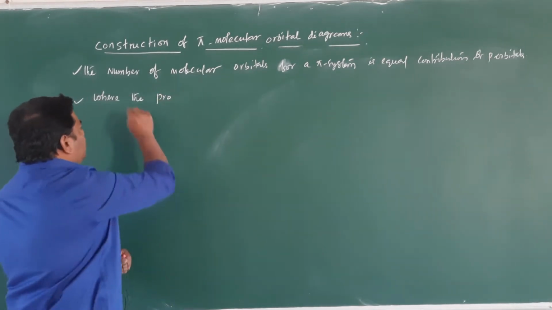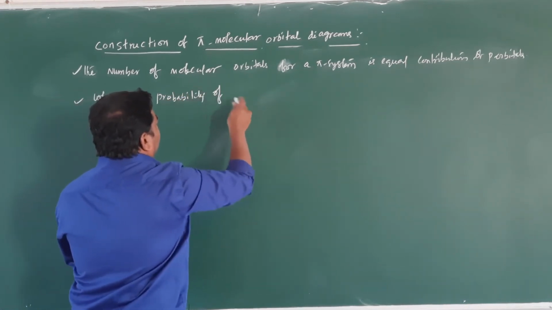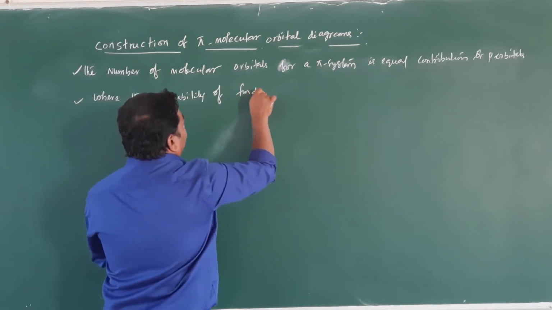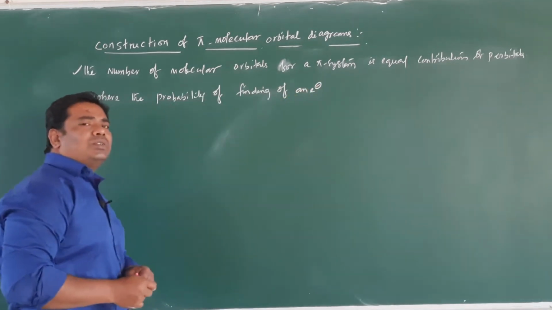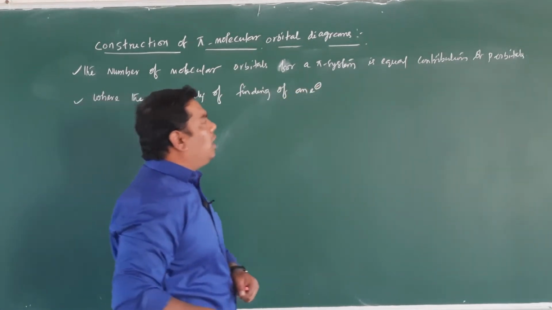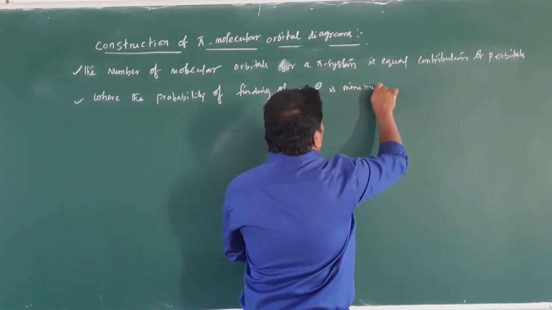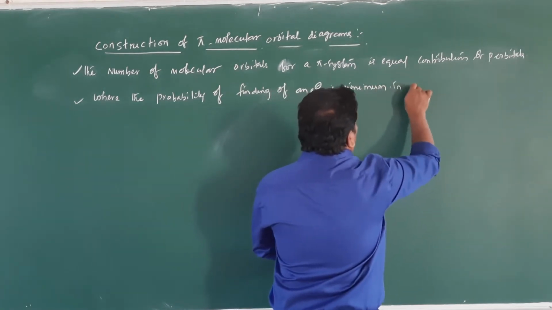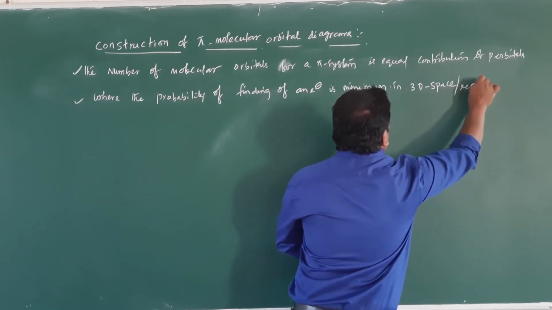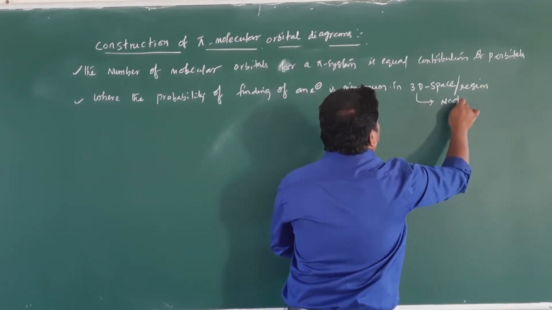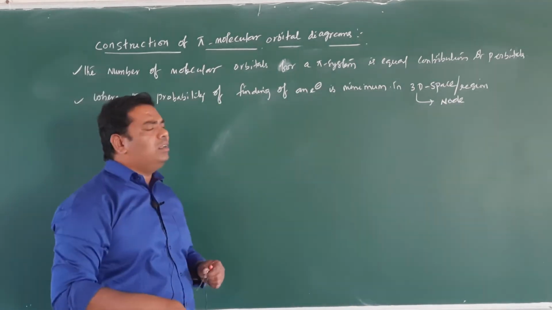What is a node? It is where the probability of finding an electron is minimum, not maximum, in a 3-dimensional space or region.